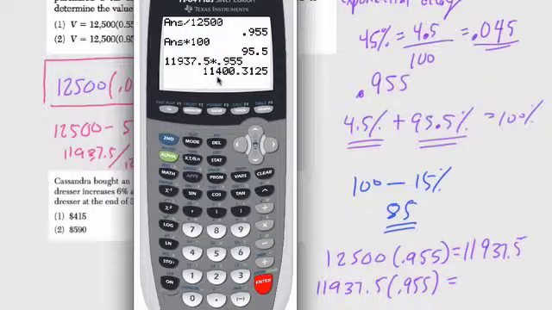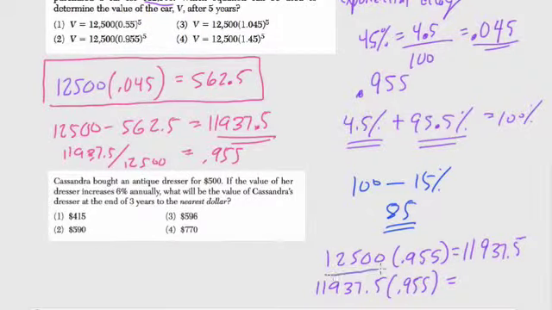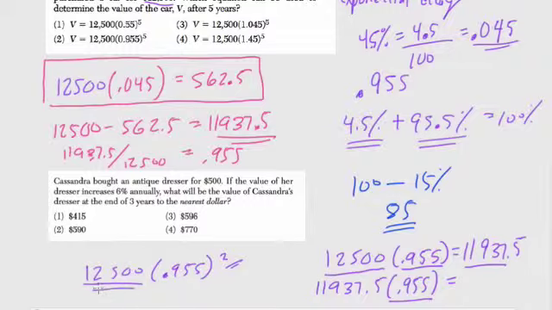Realize that we multiplied the original value, 12,500, by 0.955, and then multiplied the result by 0.955 again. So we could have just done 12,500 times 0.955 squared. So after 2 time periods, we multiplied the original amount by the percent that remains.